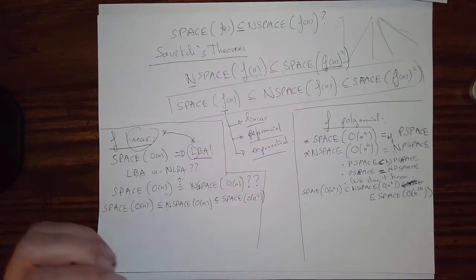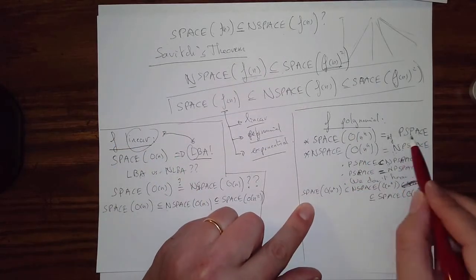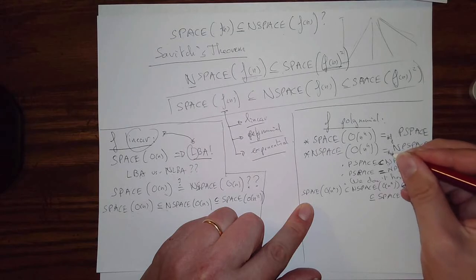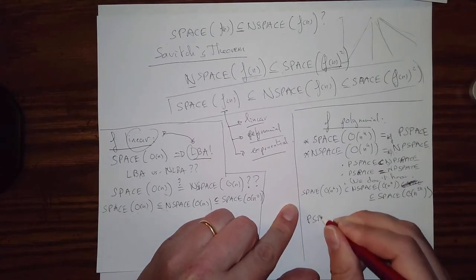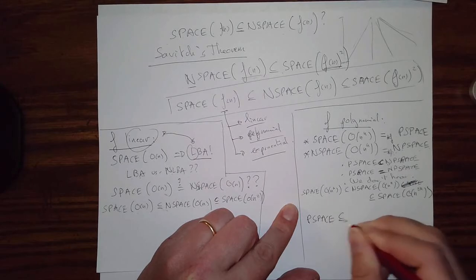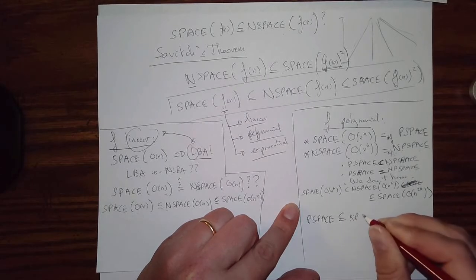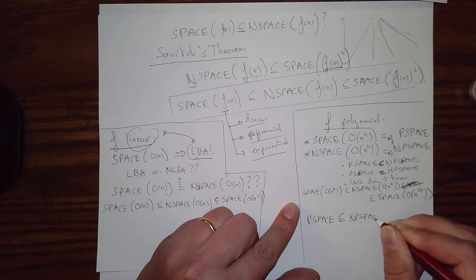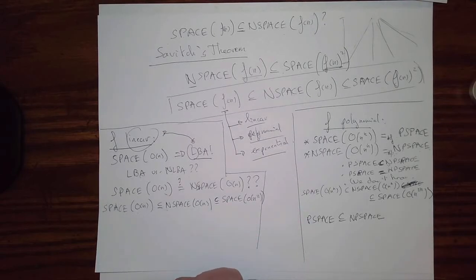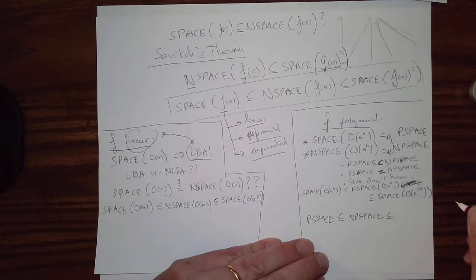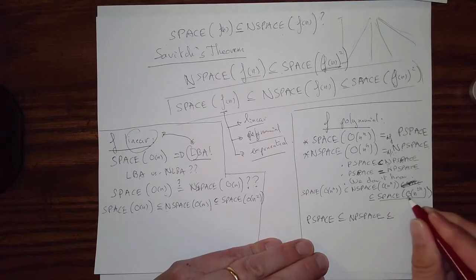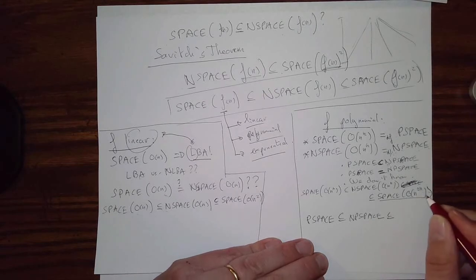Okay. Now, if I use my new terminology, by definition, this is PSPACE, so I'm going to rewrite this. We have PSPACE is in NPSPACE, and it's in, and so what is this? Space of O of n to the power of 2k. Well, it's polynomial space, right?